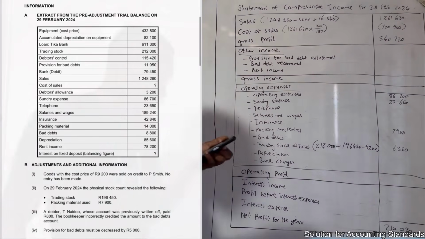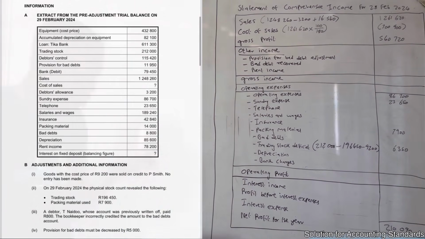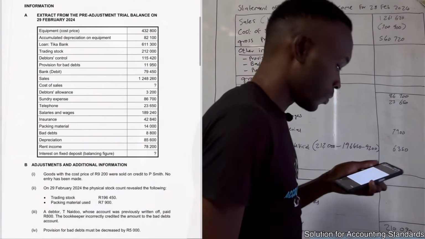Okay. And the next one. A debtor T Naidu, whose account was previously written off, paid 800. Okay, and the bookkeeper incorrectly credited the amount to a bad debts account. So here, what do we do now?